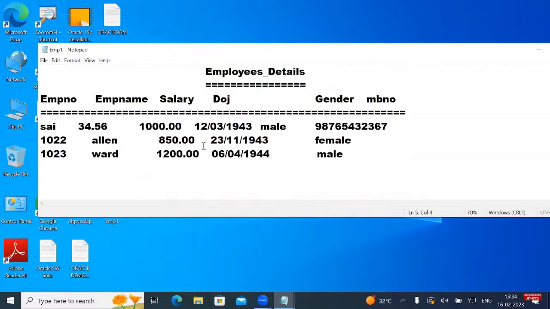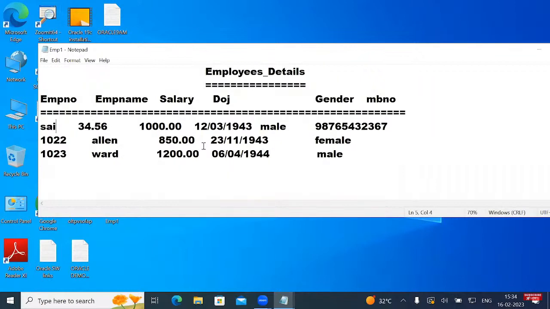Why does it send that message? Before accepting your data into a database table, your database server first verifies whether this data is right or wrong. If it is right, it is allowed. If it is wrong, it is not allowed.